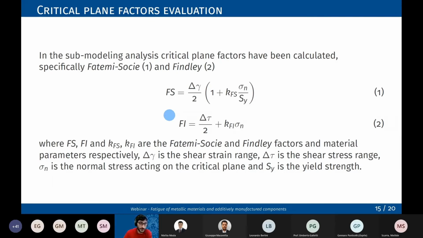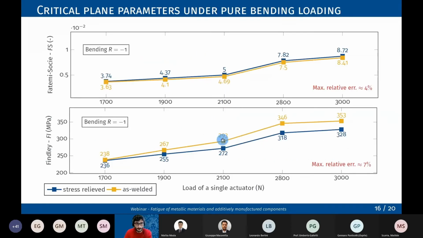For torsion, every cross section is more or less the same, but for bending, the maximum stresses are in more or less one point. So we calculate critical plane factors in the maximum stress cross section to decrease the computational time.